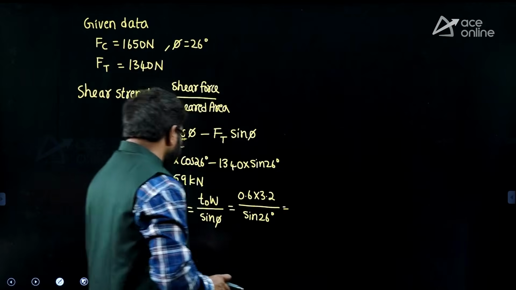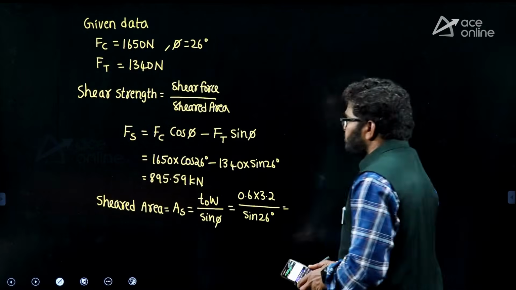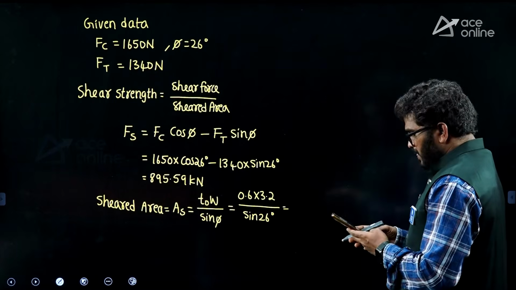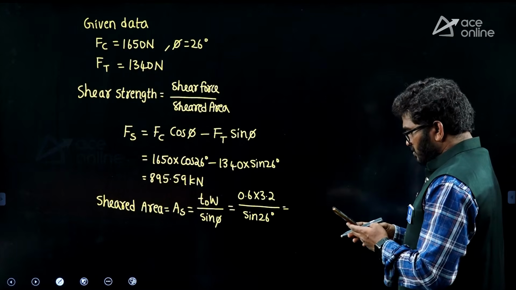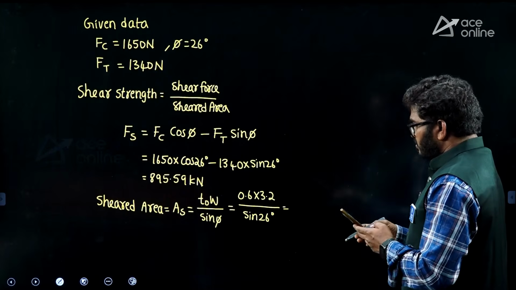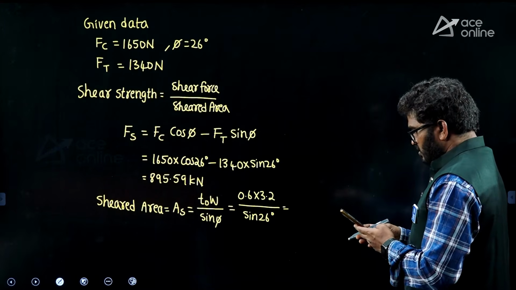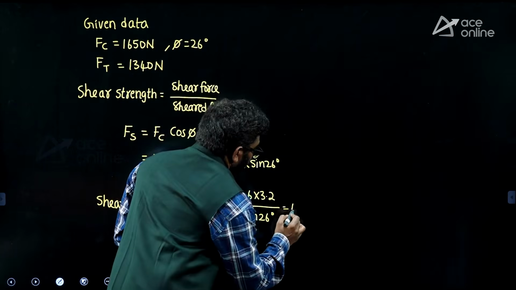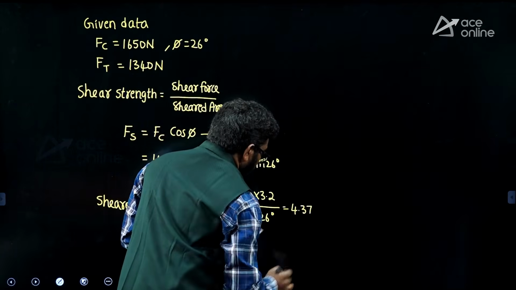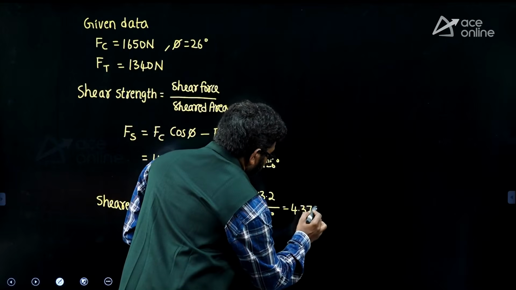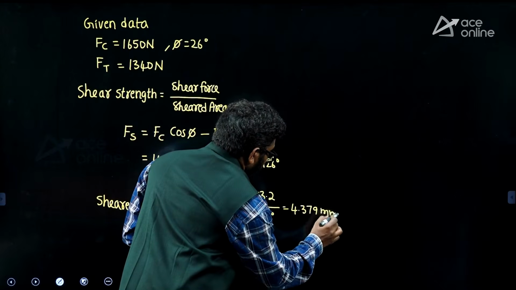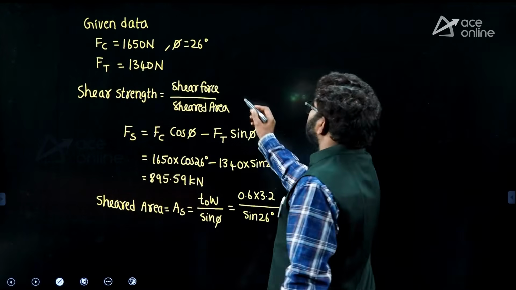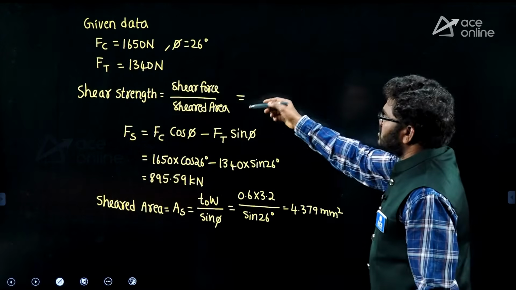Now, from this I calculate the sheared area, 0.6 into 3.2 divided by sin 26 degrees, that is 4.379 mm square.